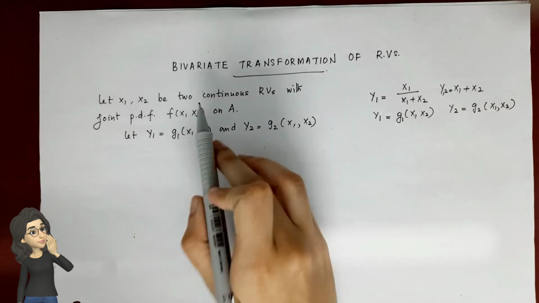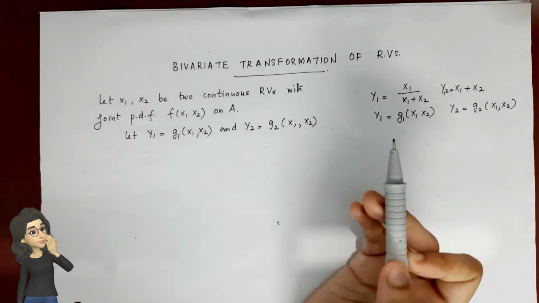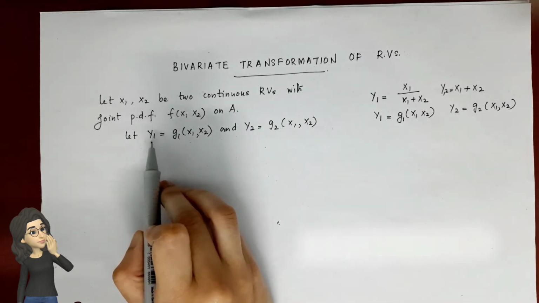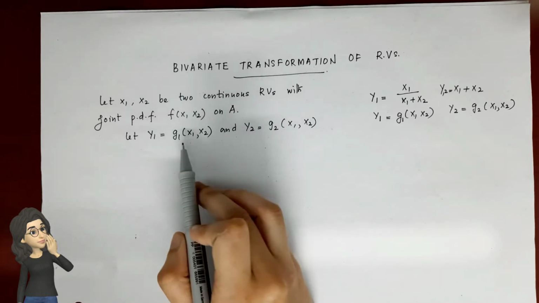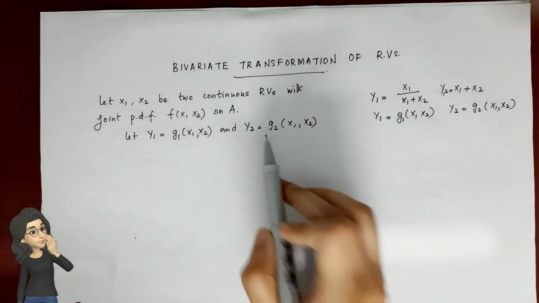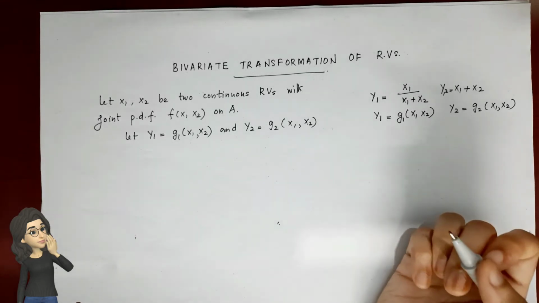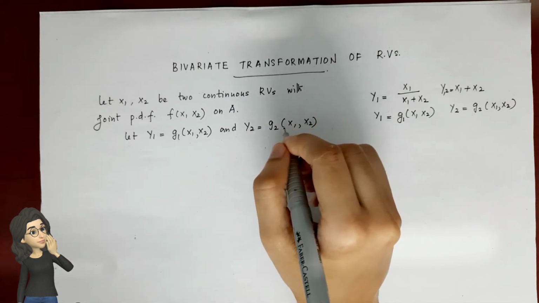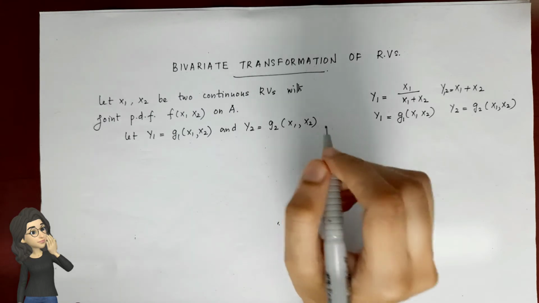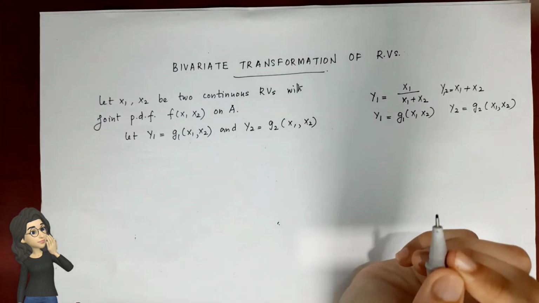So x1, x2 are two continuous random variables with a joint PDF f of x1, x2 on A, and we are going to find y1 which is equal to g1 of x1, x2 and y2 which is equal to g2 of x1, x2. Generally y2 or y1, any one of them, is considered to be a dummy variable that makes it easy to find the transformation.